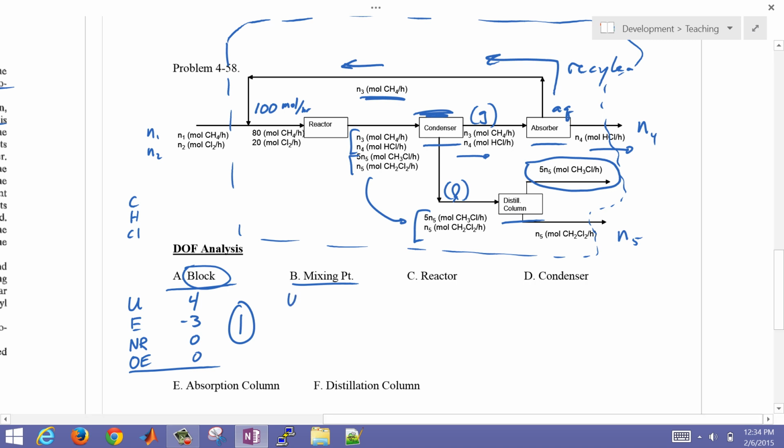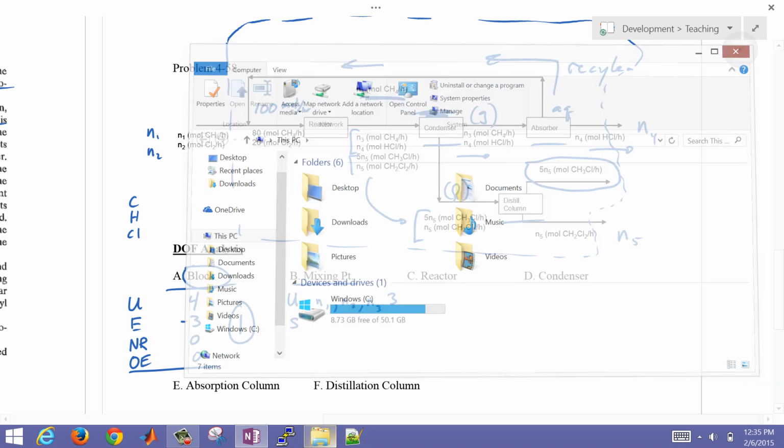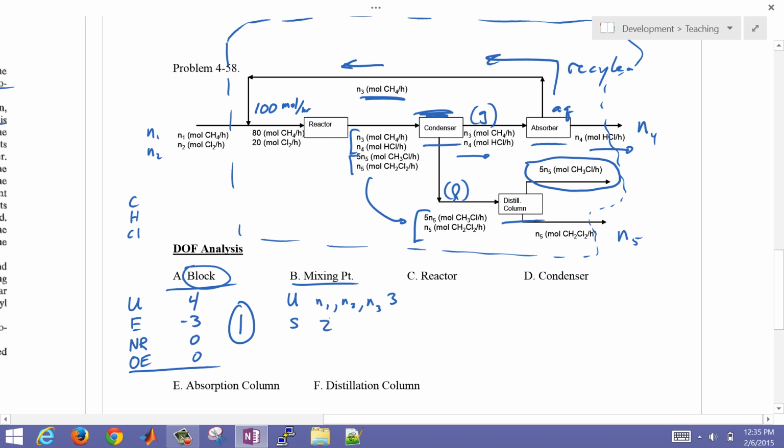In this case, we have unknowns N1, N2, and N3, so those are our 3 unknowns. The number of species is going to be 2, just methane and chlorine, both gases. Other equations, we don't have any of those. So again, we have 1 degree of freedom, so it's still not solvable.